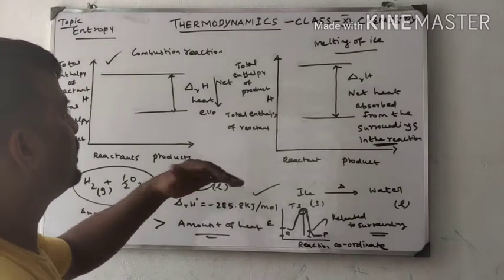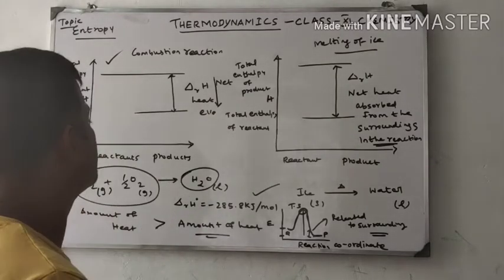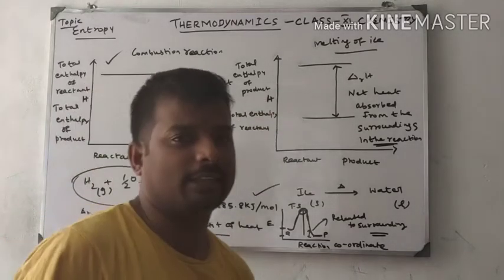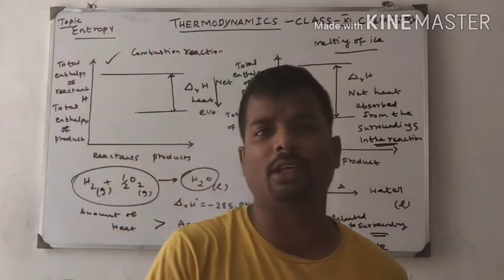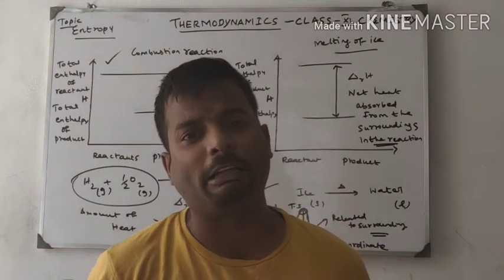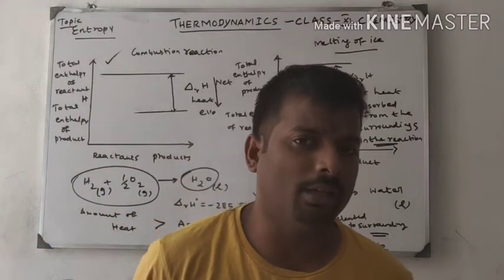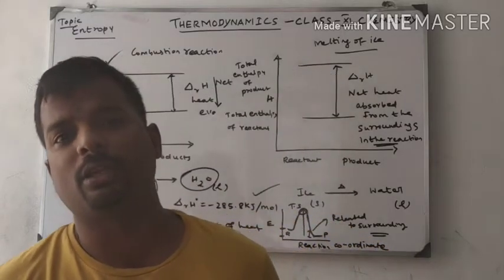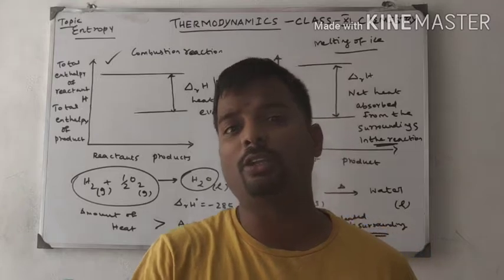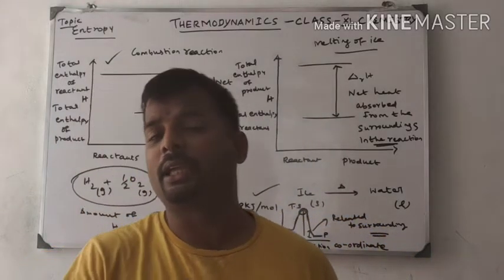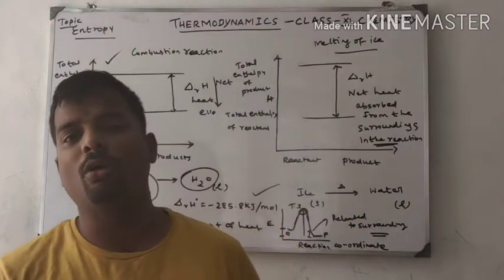The next case is the endothermic process. The melting of ice is an example of an endothermic process. In the solid state, the stability is more, but on heating the solid it becomes less stable and forms product. Why? Because according to the second law of thermodynamics, heat travels from a hot body to a cold body.